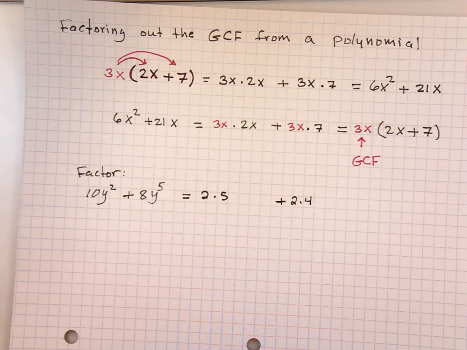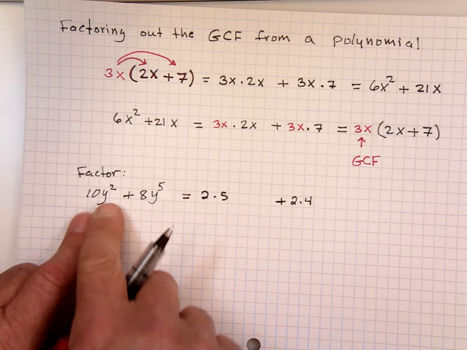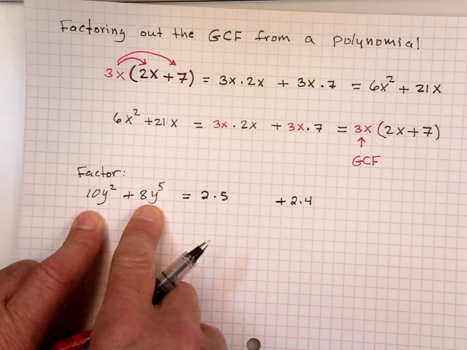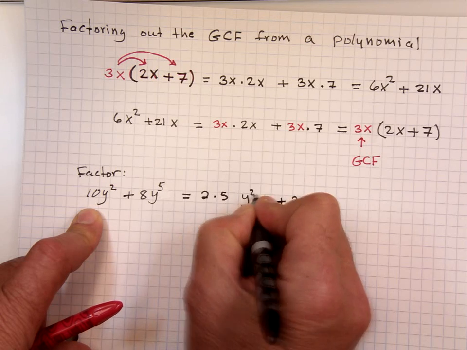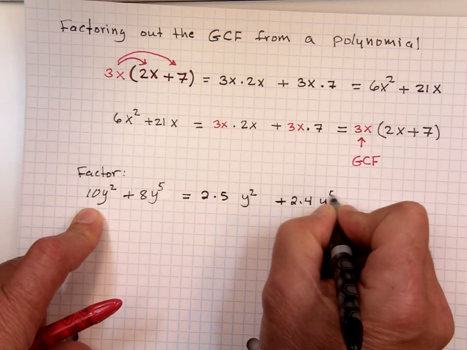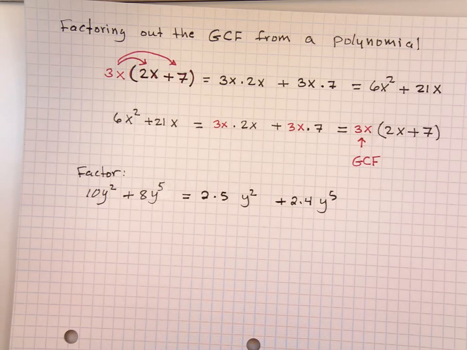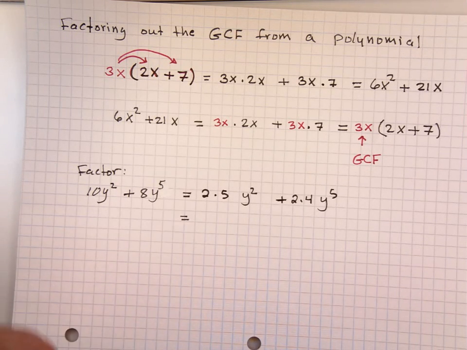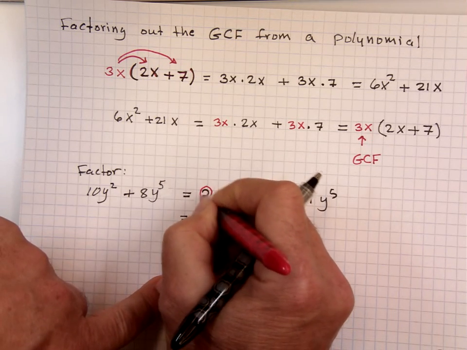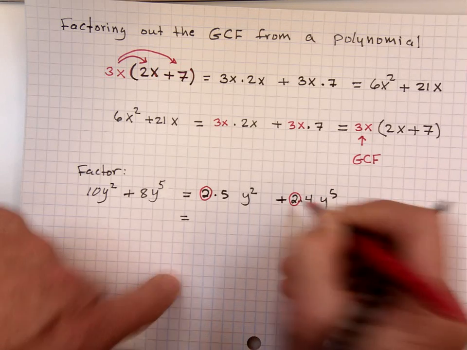Now, this has 2 y's, this has 5 of them. So what is the greatest common factor? What is the largest thing they have in common? Well, they have in common the 2. And then what about the y's?